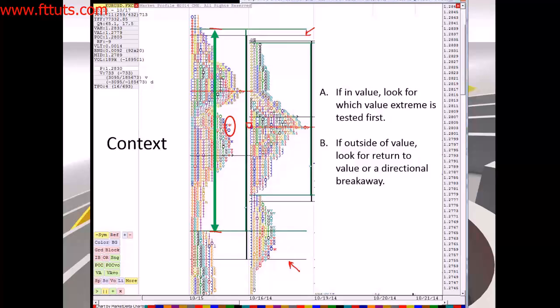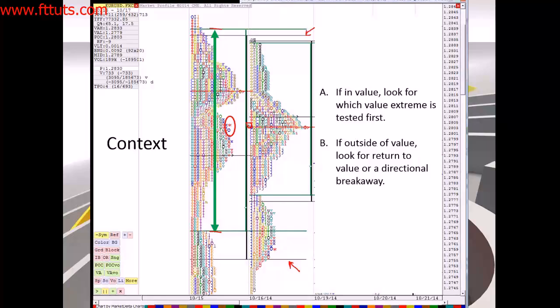But let us focus our attention right now on where the open is relative to activity value. And relative to the activity value area, it is right inside the value area. So we're opening in value, which means we're still in an area of acceptance.